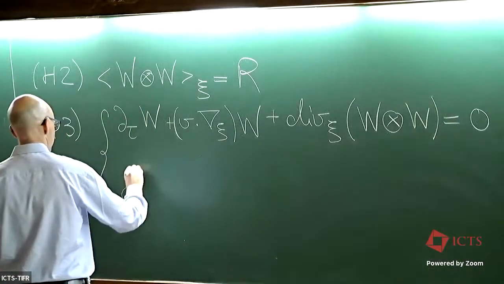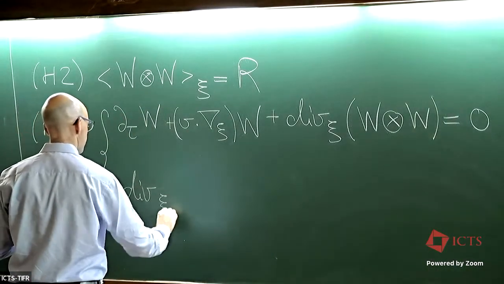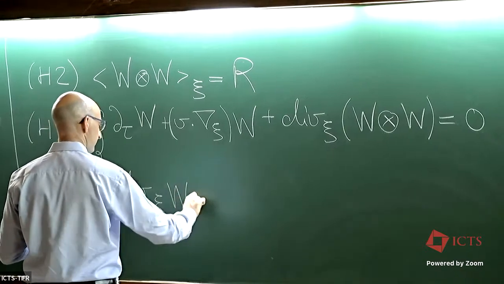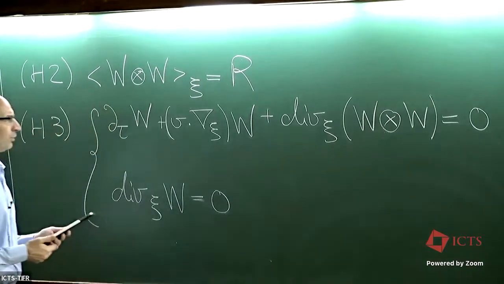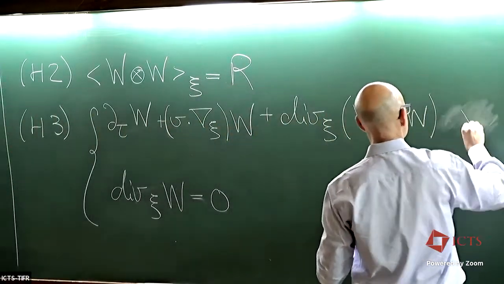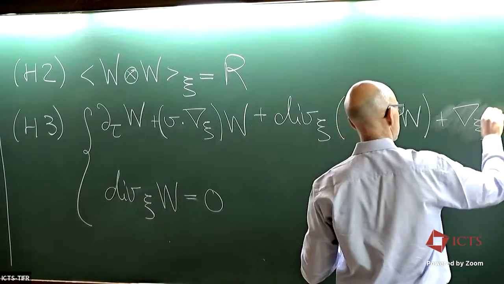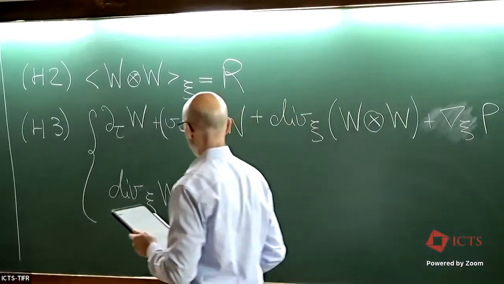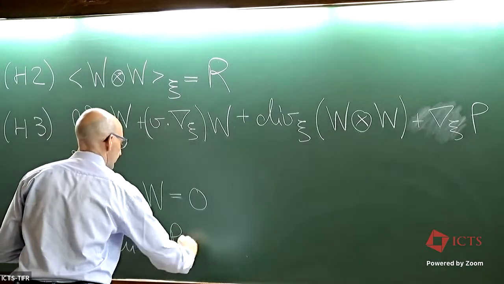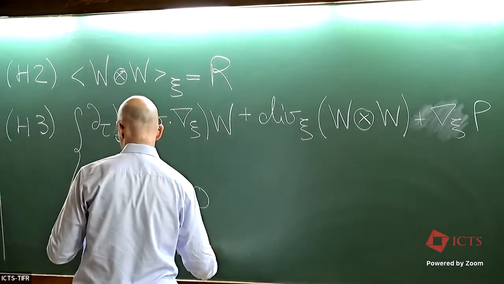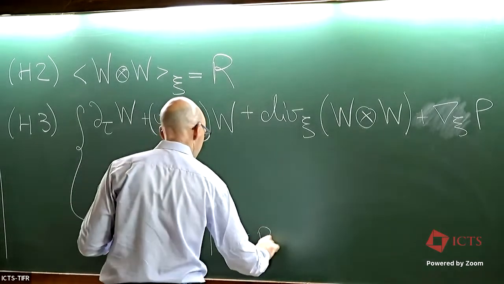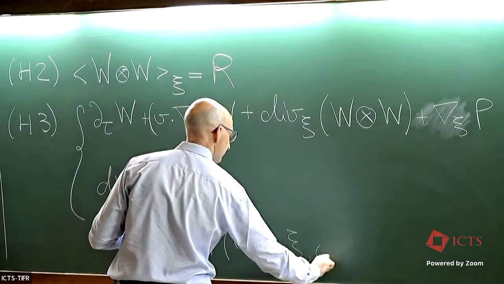Then I have divergence psi of w equals 0. And p is a suitable pressure. So this is again a suitable function which is going to depend on v, r, psi, and tau.